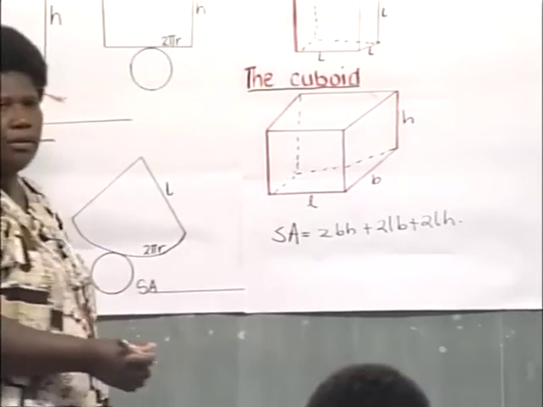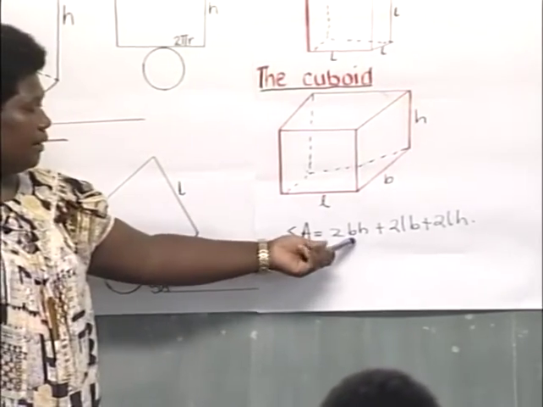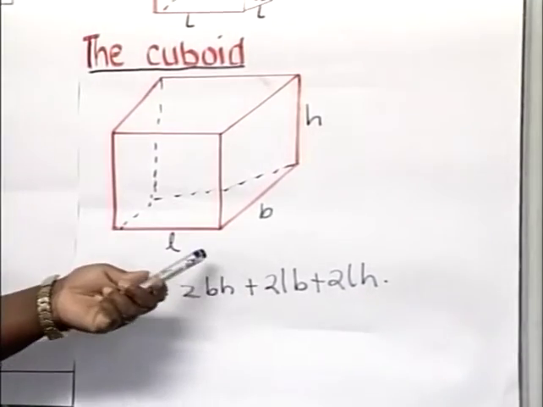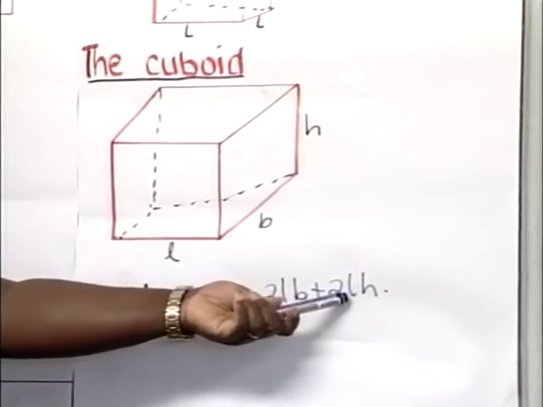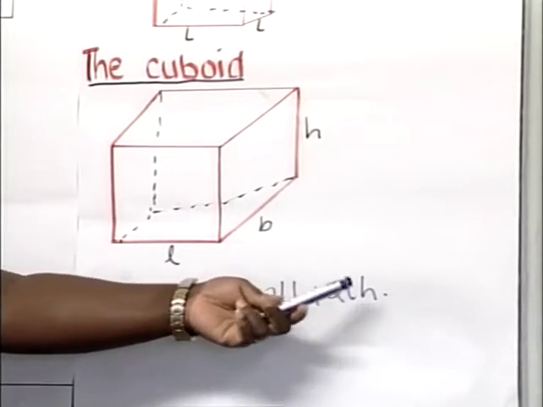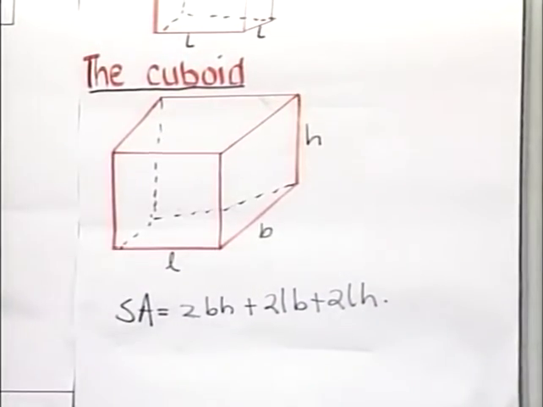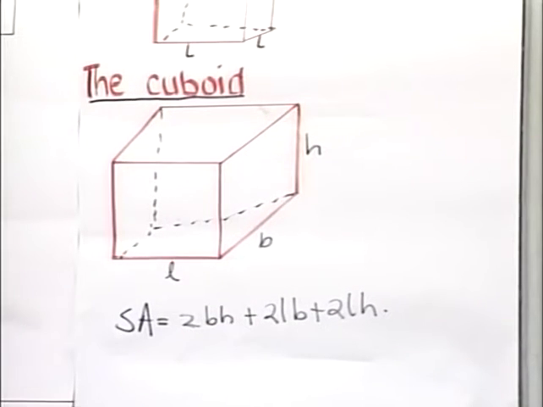Okay, very good. There are 2 faces that have the area B times H. There are 2 faces with the area L times B, that's the bottom and the top. And there are 2 faces that have the area L times H, that's the front and the back one. Right, the sides B times H.